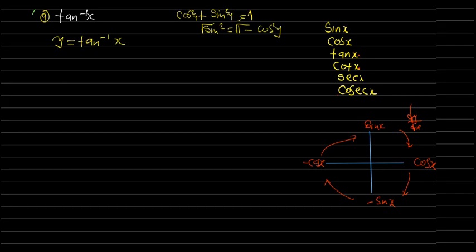This means that y is the same as 1 over, because the inverse came as a result of 1 over something, tan x.